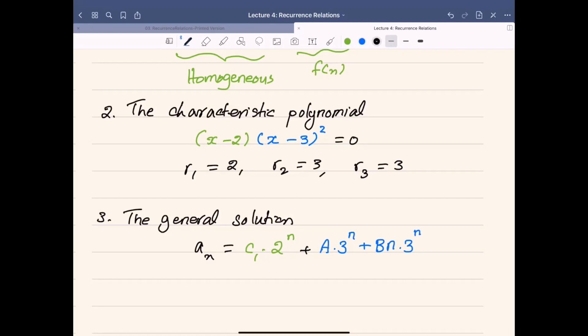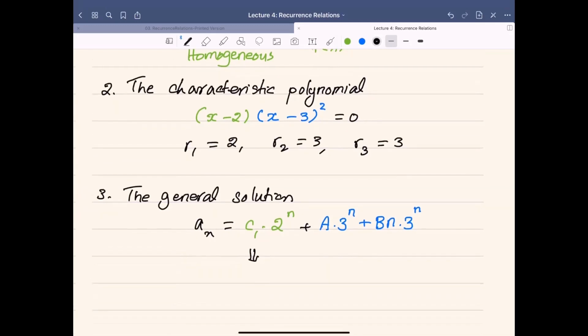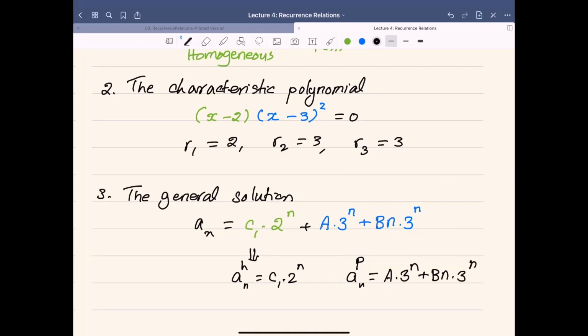So from this general solution, we have a_n^h is equal to c1 times 2 raised to power n, and for a_n^p, it's equal to (a plus bn) times 3 raised to power n.